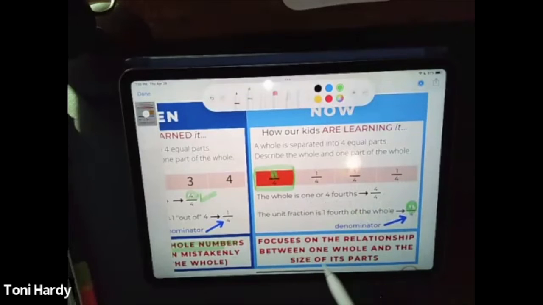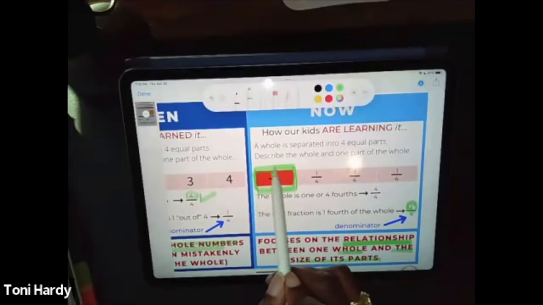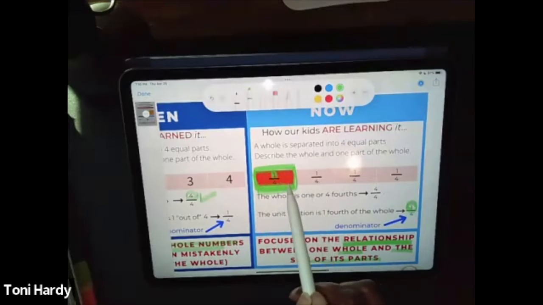Something that our kids struggle with is understanding the sizes of those parts. So we focus on the relationship between the whole and the size of those parts. When you think about the unit fraction, basically what we have is this one thing that is one size, and we take it and we make copies of it.